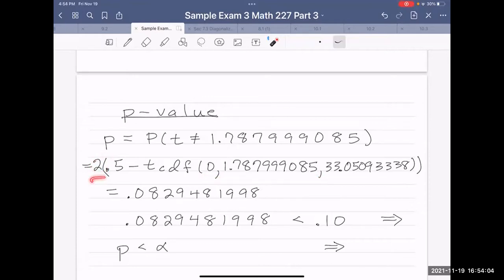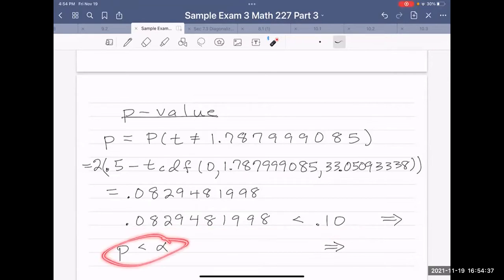So 2 times 0.5 minus t CDF. I'll start at 0, comma, I'll end at 1.787999085, comma, my degrees of freedom, which we found, 33.05093338. And so I get 0.0829481998. That's less than 0.10.